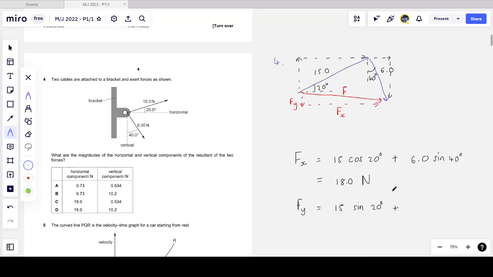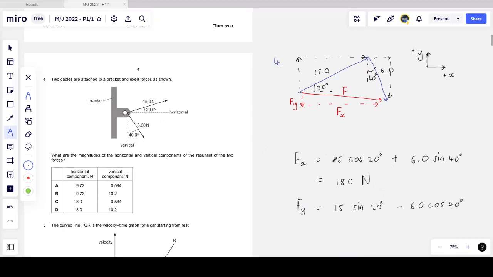Now it points in the opposite direction, since if we choose upward to be positive, and to the right, upward is the positive y-axis, and to the right is the positive x-axis. Since the 6 Newton force points downward, it's opposing the 15 Newton force. This is going to be a minus. So we replace the plus with a minus 6 cosine 40 degrees.